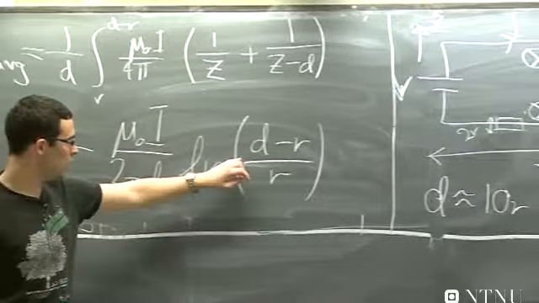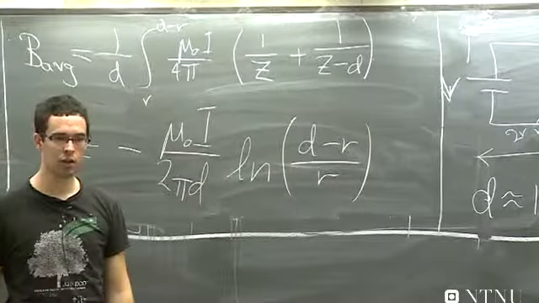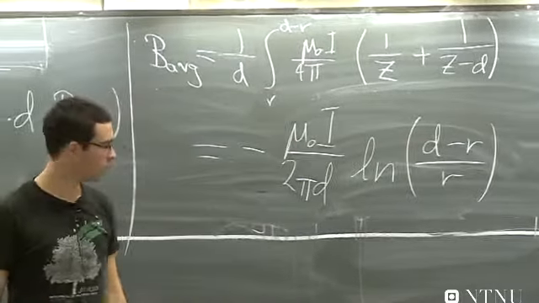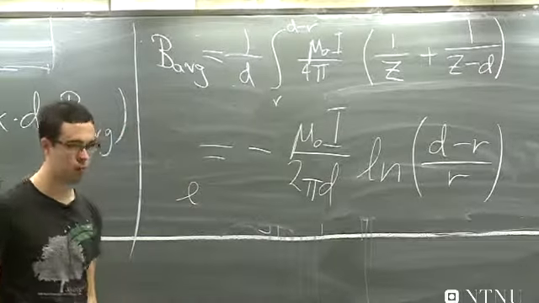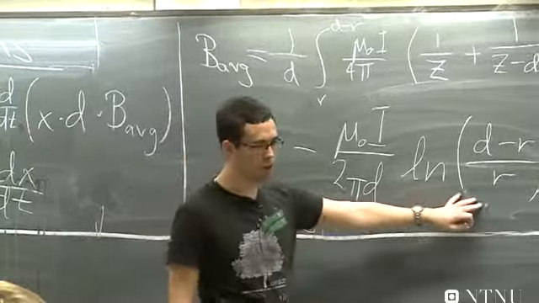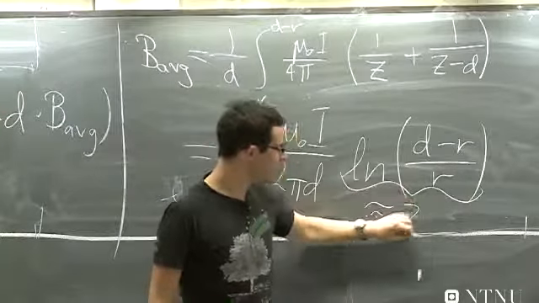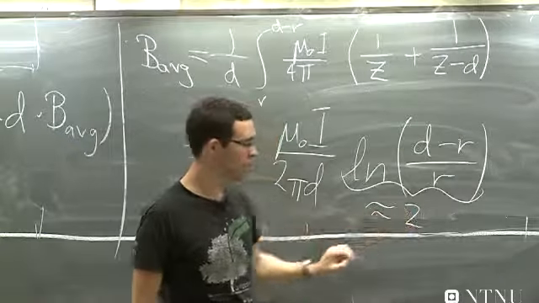Well, then this is essentially 10 minus 1 divided by 1, so it's ln of 9. And e, the exponential e, is 2.7, etc. So this is going to be more or less 2. And because it's a logarithm, it doesn't change all that fast.